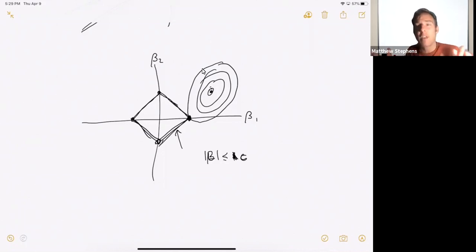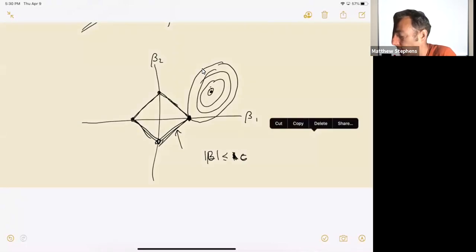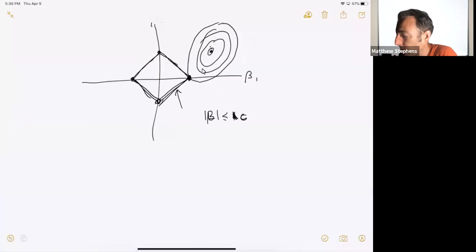But you can think more broadly, even in 3 dimensions, think of the constraint on beta 1, beta 2, beta 3. The L1 constraint is kind of a spiky constraint, which has these corners to it. And it's because of that spikiness, if you like, these corners, that it's not unusual for the elliptic contours to hit that constraint space at a corner instead of on the edge.